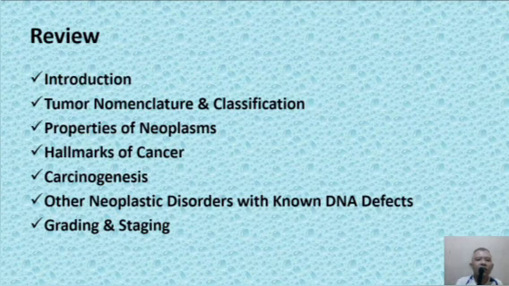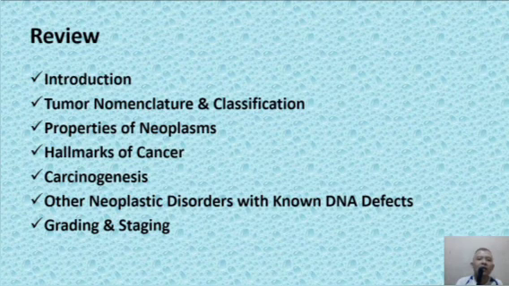And properties of neoplasms: neoplasms are monoclonal, they invade, they metastasize, and they have certain clinical manifestations. Hallmarks of cancer are factors that promote the growth of the cancer, factors that allow the cancer to stay on, and factors that allow cancer cells to move into other distant sites.